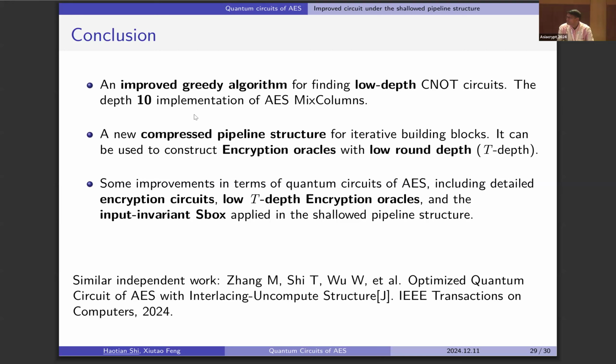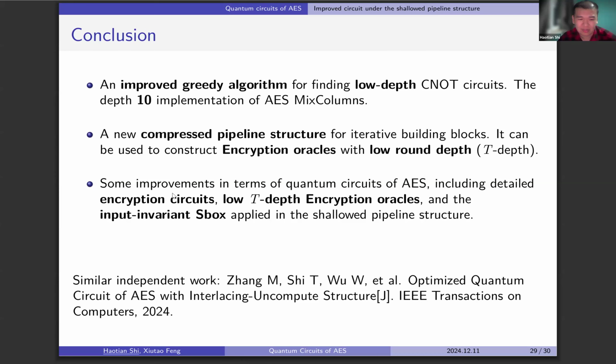Finally, a conclusion. We first proposed an improved greedy algorithm for finding low depth CNOT circuits. We succeed to find an implementation of AES MixColumns with quantum depth 10. Then we propose a new compressed pipeline structure for iterative building blocks. It can be used to construct encryption oracles with low round depths or T-depths.